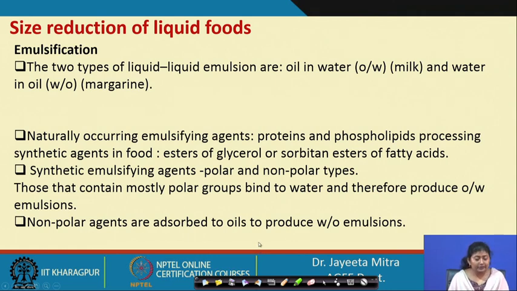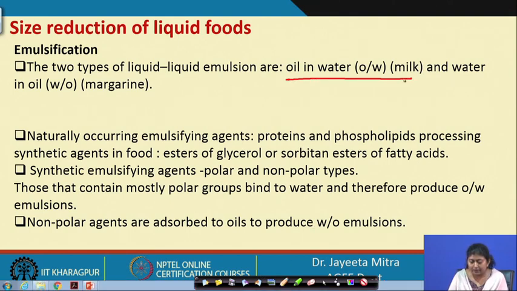In emulsification, we can prepare two kinds of liquid emulsion. One is oil in water emulsion, that is milk, and the other is water in oil emulsion, that is margarine.